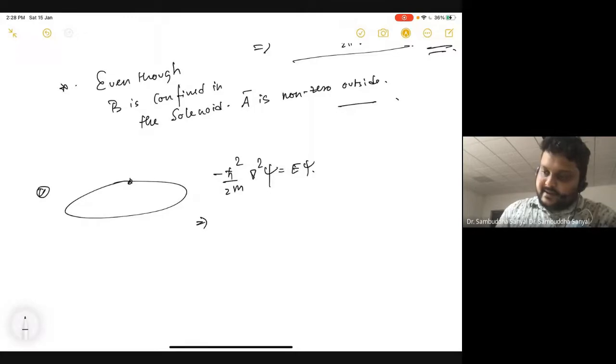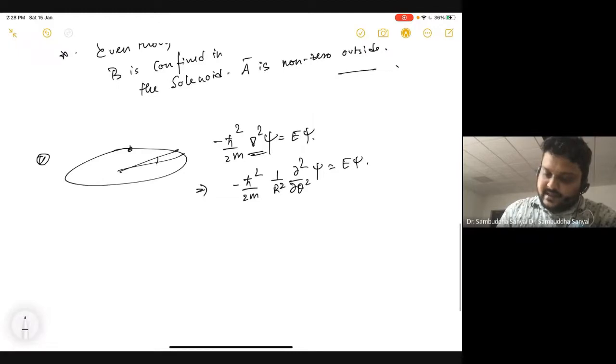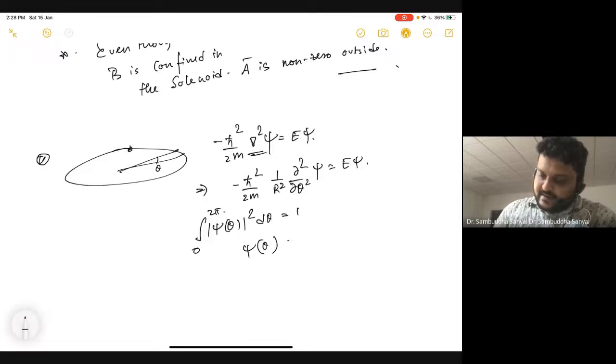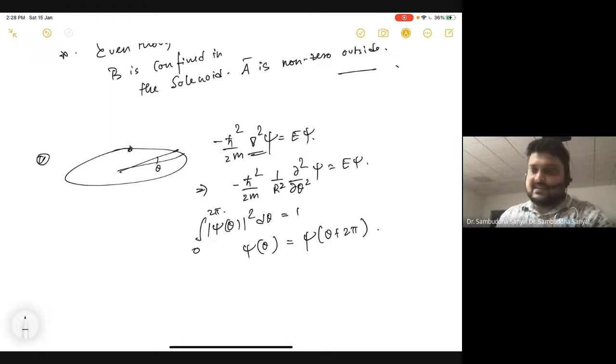And this I can rewrite in the language of spherical or cylindrical coordinates, L theta squared, and this is basically grad squared psi, and it must satisfy a constraint. If I call this angle theta, it must satisfy the normalization constraint that the integral of mod psi theta squared d theta is 1, and psi of theta, because it's on a circle, at theta plus 2 pi is basically the same point, so it must satisfy these two constraints.